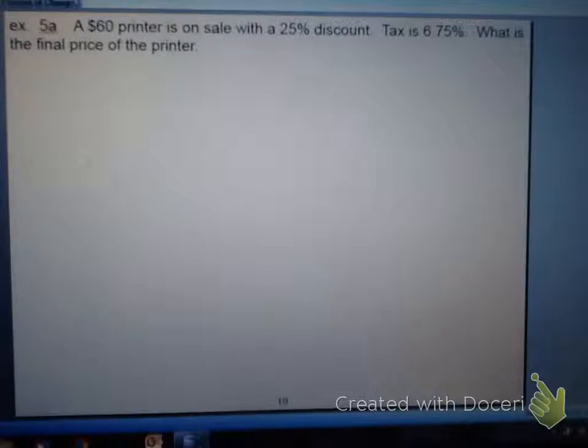Example 5A, a $60 printer is on sale with a 25% discount. Tax is 6.75%. What is the final price of the printer? Okay, first we have to calculate the discounted price. The discounted price, I'm abbreviating, the printer is $60.